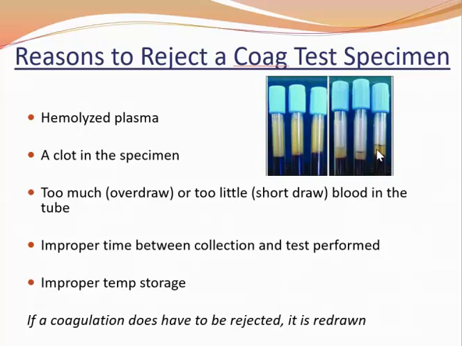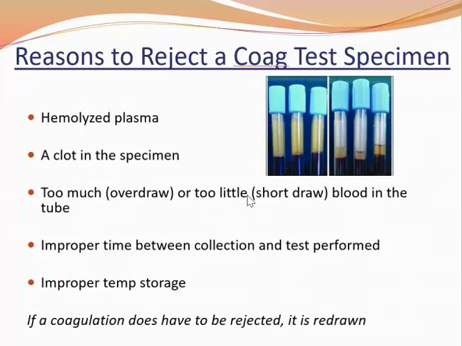anticoagulant and sample. Improper time between collection and test performed. Again, like I just said, some of the tests are very time sensitive from the time of collection to the time of testing. Some have a window of 8 to 4 hours. So if it's been over that time period, then you have to recollect and get a new sample.